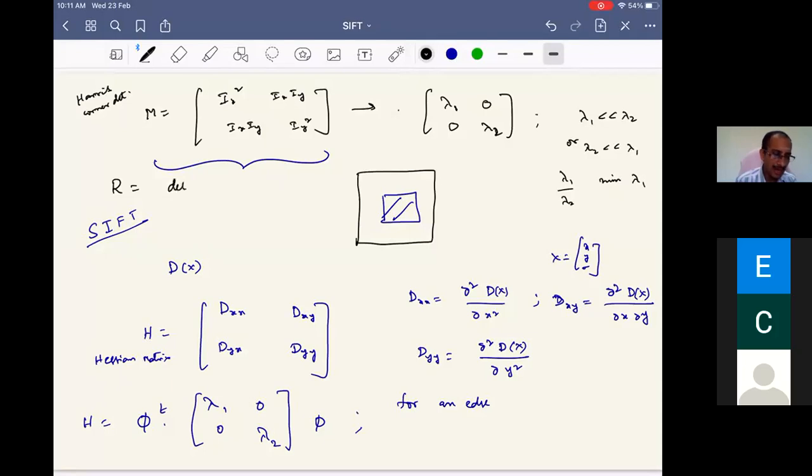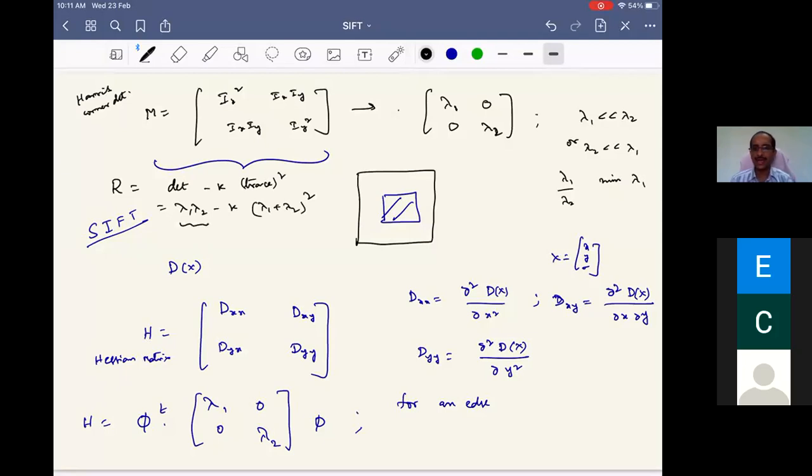This encompasses lambda 1 lambda 2 minus k times (lambda 1 plus lambda 2) whole square. So in some sense, what did we make use of?